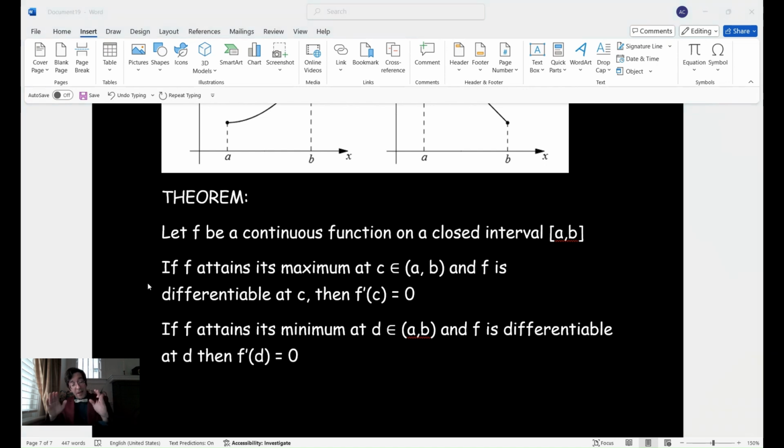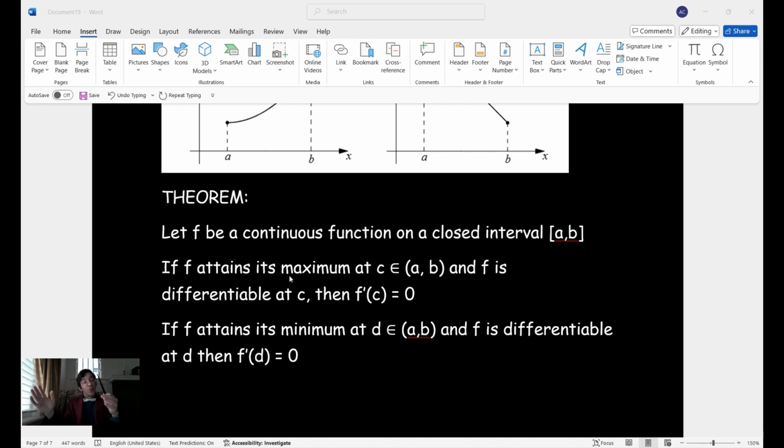So remember, once again, you have to remember the important exceptions to the theorem, because f might not be differentiable at its minimum or maximum, and the minimum or maximum might occur at one of the endpoints of the interval. So if we change the conditions slightly to remove those exceptions, we actually get a very useful theorem.